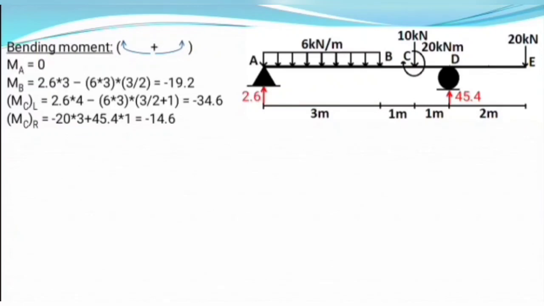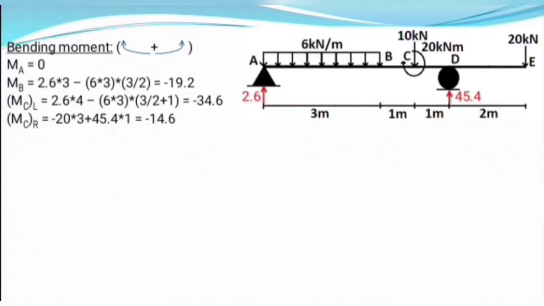You can see the 20 kN force at point E gives clockwise moment about point C, so it is taken as negative, and another point force of 45.4 kN at point D gives anti-clockwise moment about point C, so it is taken as positive.